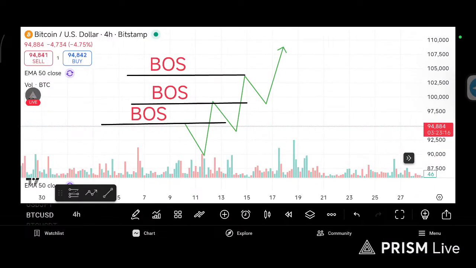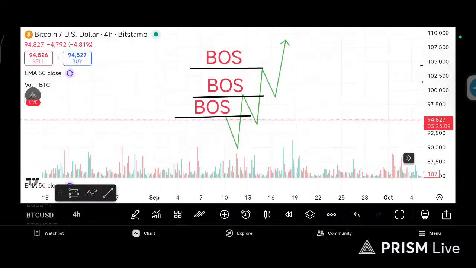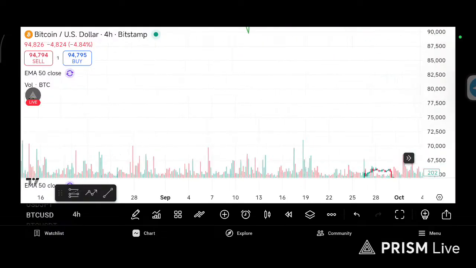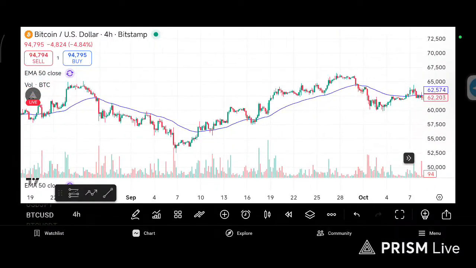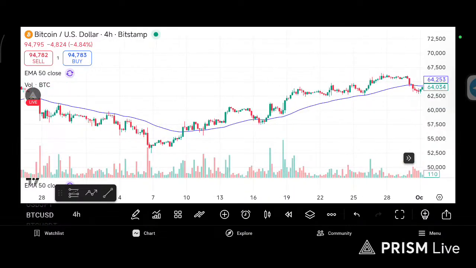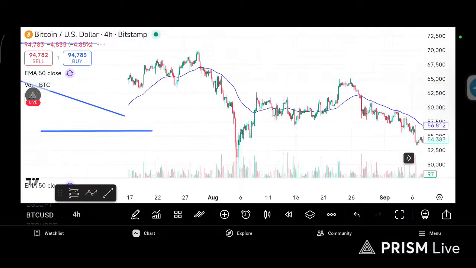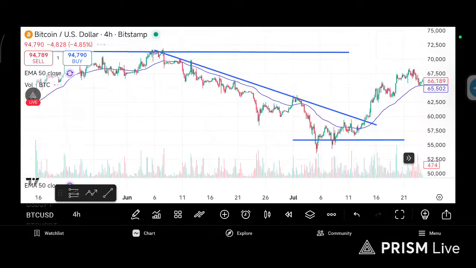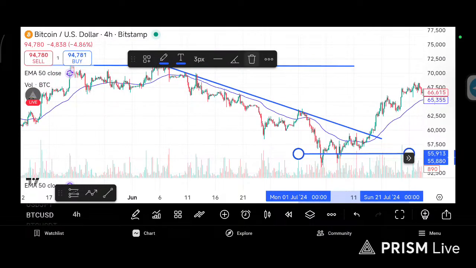So right now I've shown you break of structure. Now can we move to the chart so that I can explain it more? Let's go to the chart.